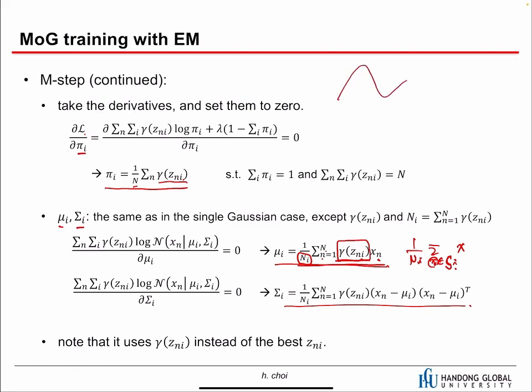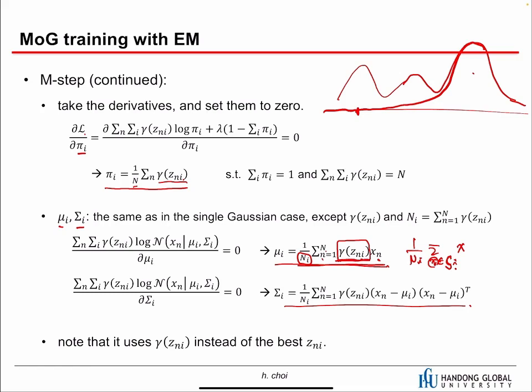When we have a distribution like this, even when the sample is around here, it belongs to the third cluster somehow, because the third cluster's Gaussian distribution might be like this. Even though it is close to 0, there is still some probability there. So we have to check all the samples, but with different responsibilities.